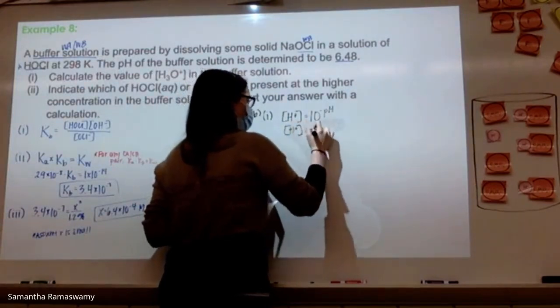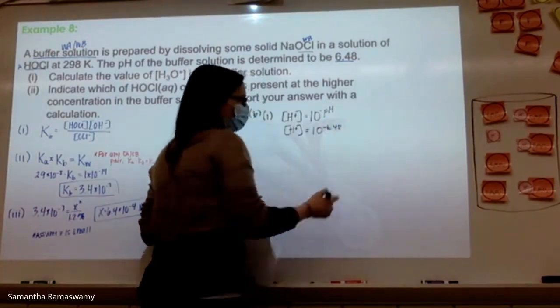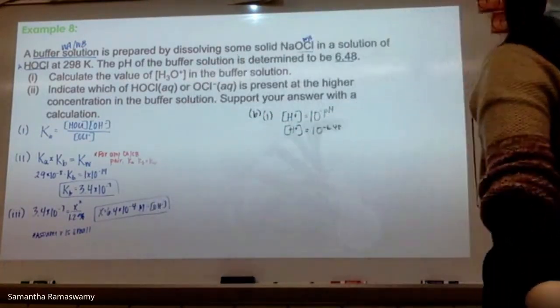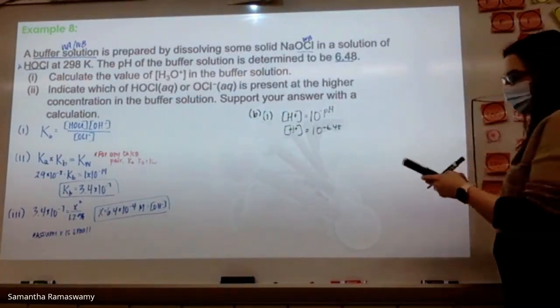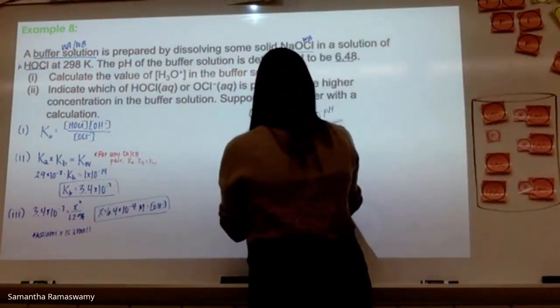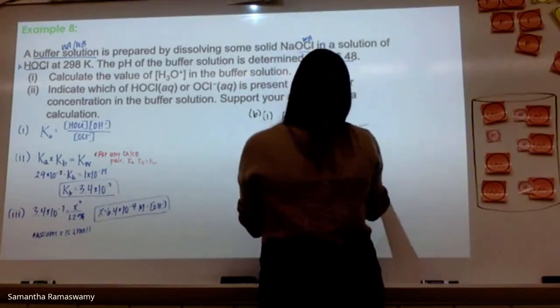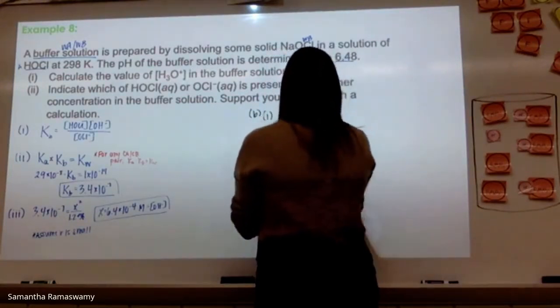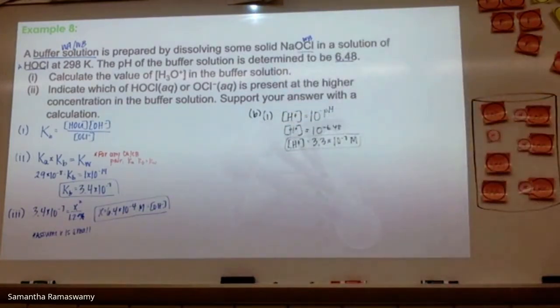So second log is 10 to the x. The H plus concentration is 3.3 times 10 to the negative 7 molar. So that's just taking the value and going backwards. See how this is pulling in ideas from before. It's talking about buffers, but it's using ideas that we looked at in previous chapters.